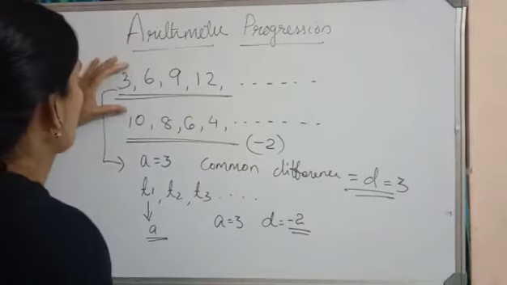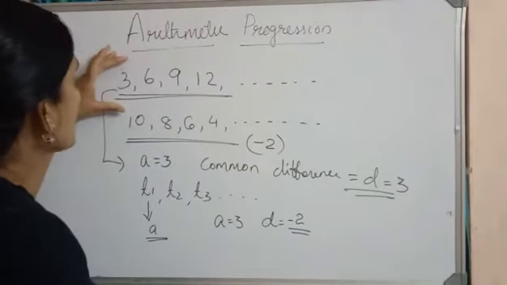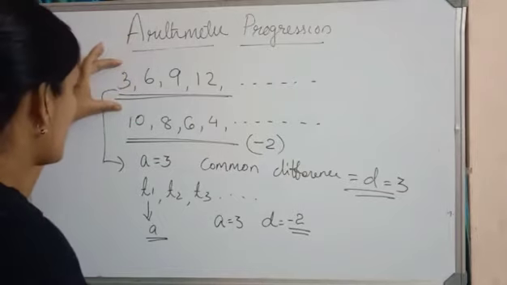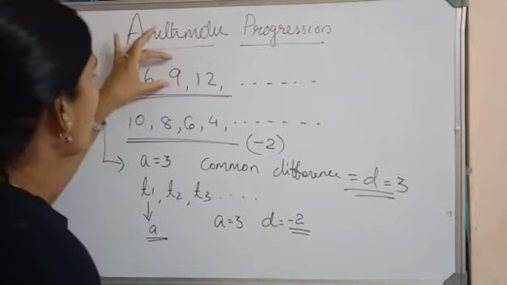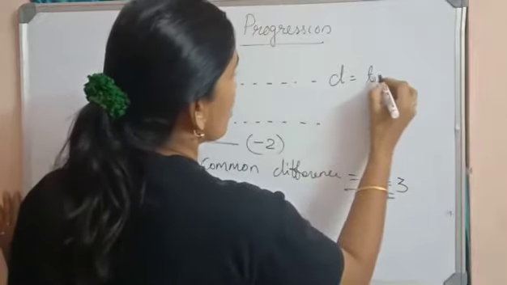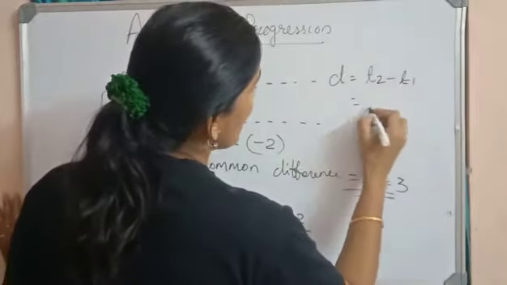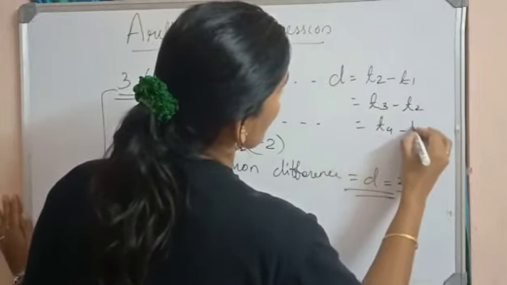And always remember, the common difference can be obtained by taking the difference between any two consecutive terms. That is T2 minus T1, or T3 minus T2, or T4 minus T3. Always subtract the predecessor from the successor.